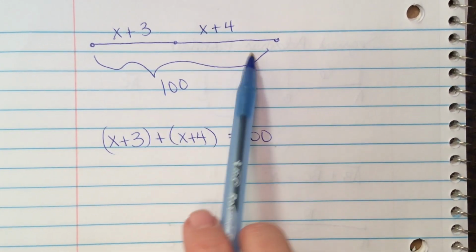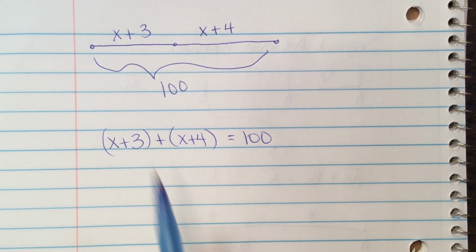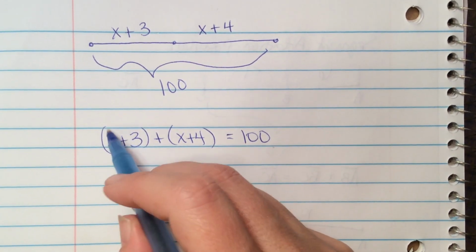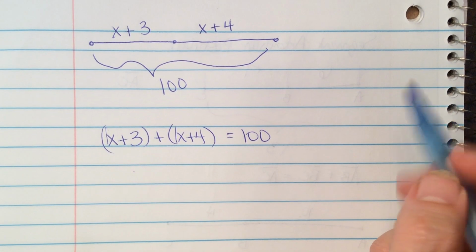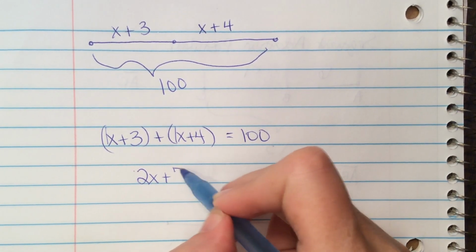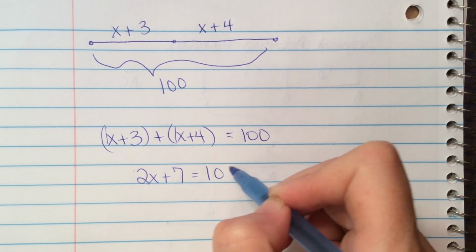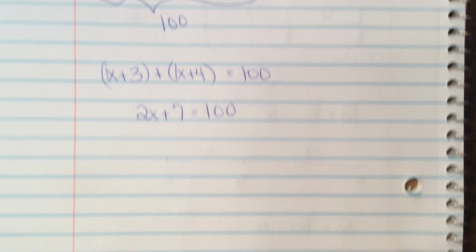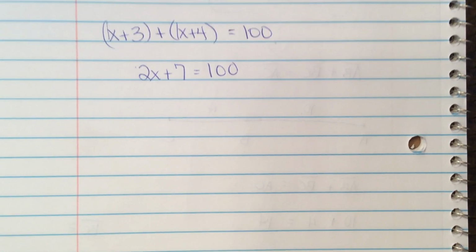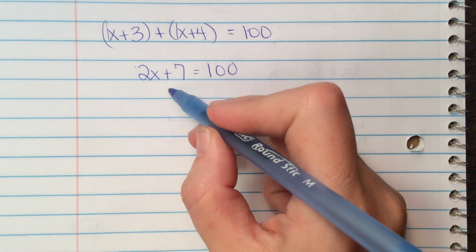So we're going to set up an equation and we're going to solve it. We put our x's together. We get 1x here, 1x here. We have 2x plus 7 equals 100. And we're going to get a fraction, but that's okay.